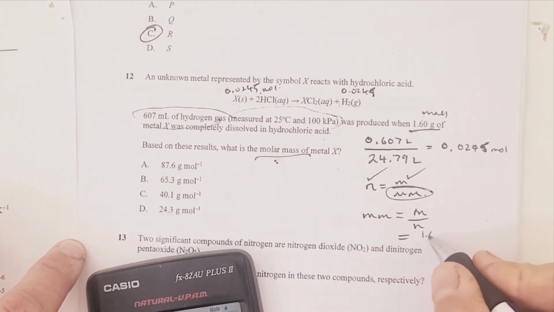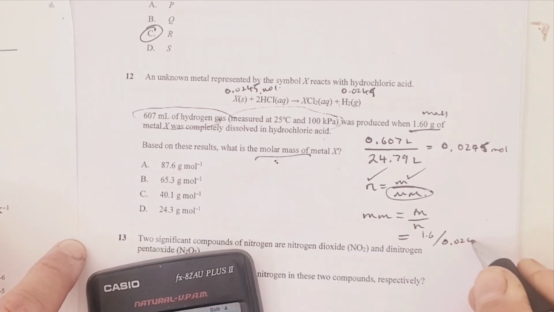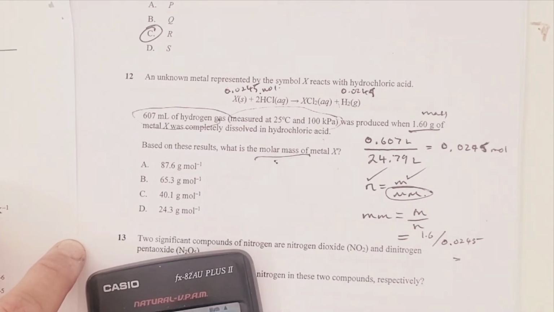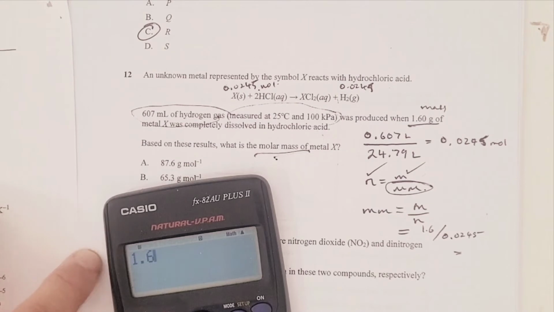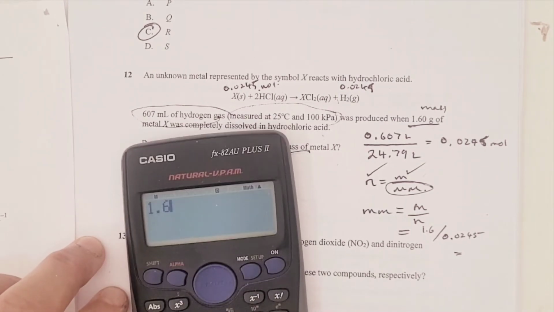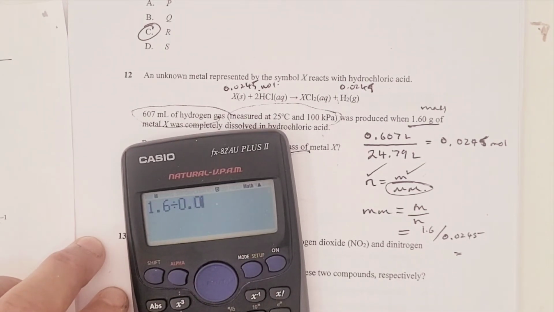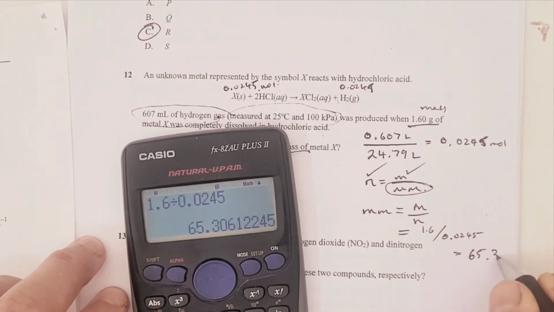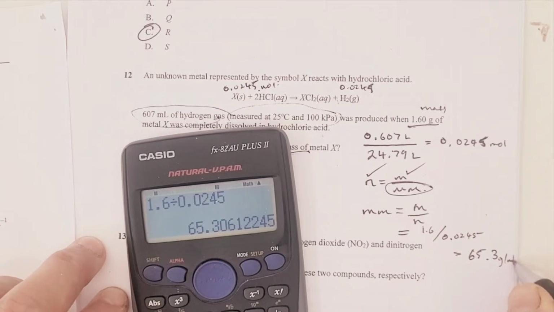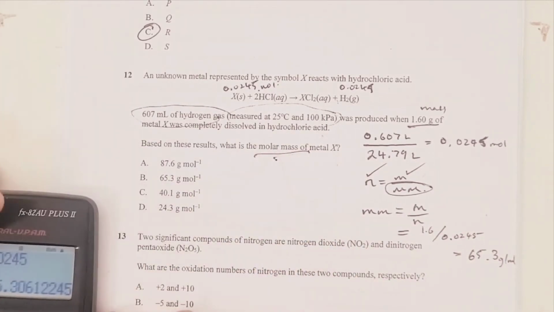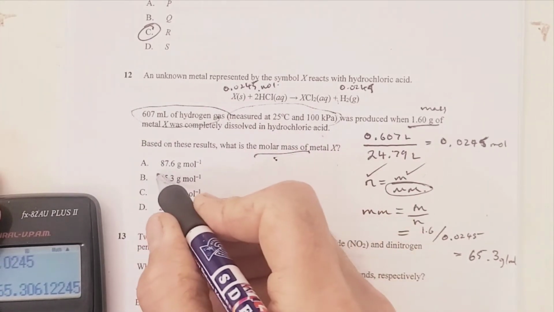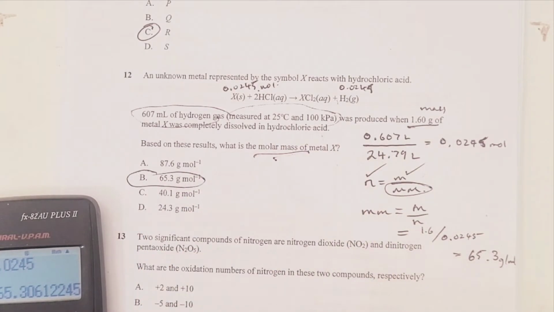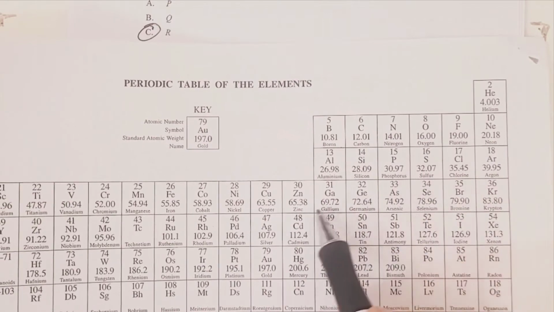Okay, so it's 1.6 divided by 0.0245, thereabouts. That gives 65.3 grams per mole. You can look up your periodic table just to check. 65, zinc.